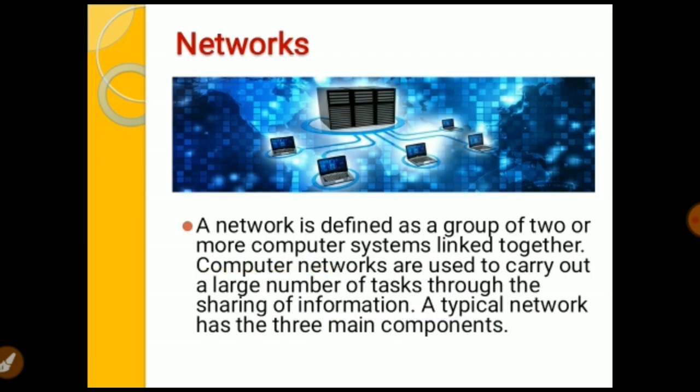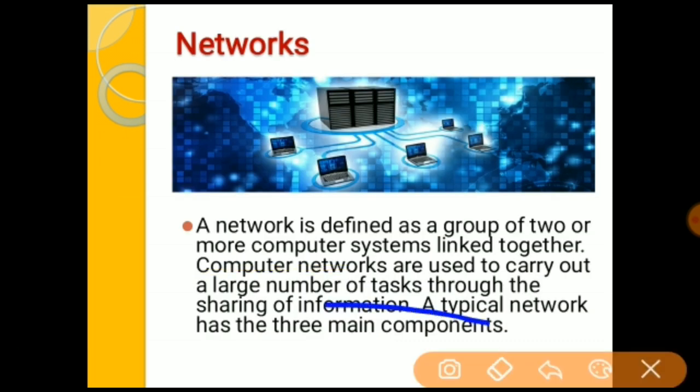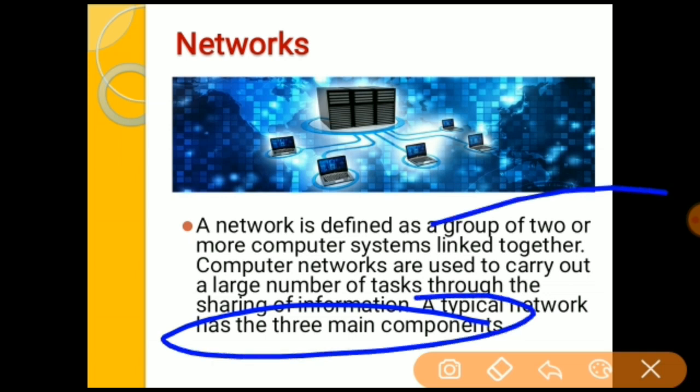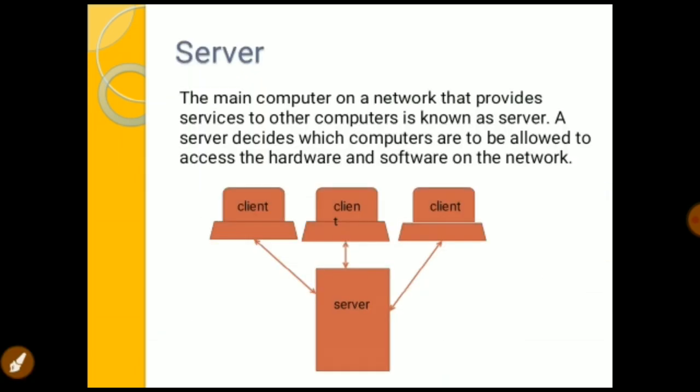Basically, we have three main components of a network. First one is the server. The main computer on a network that provides service to others. The name server suggests service to others, meaning the computer that gives service to other computers is known as a server. A server decides which computers are to be allowed to access the hardware and software on the network.